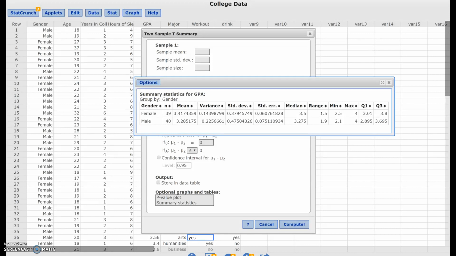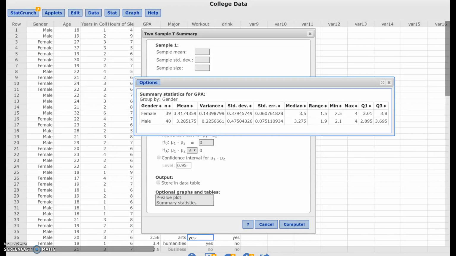Some of the things that we really need to take a look at is for sample number 1 and sample number 2, we first need to see what the mean and the standard deviation is for all of these. You have to be very, very careful with this. Sample number 1 was males. For males, you have a mean GPA of 3.28, and a sample standard deviation of 0.475, rounded to 3 decimal places.